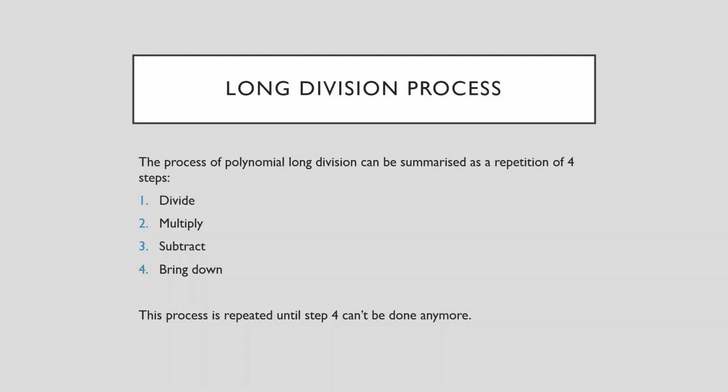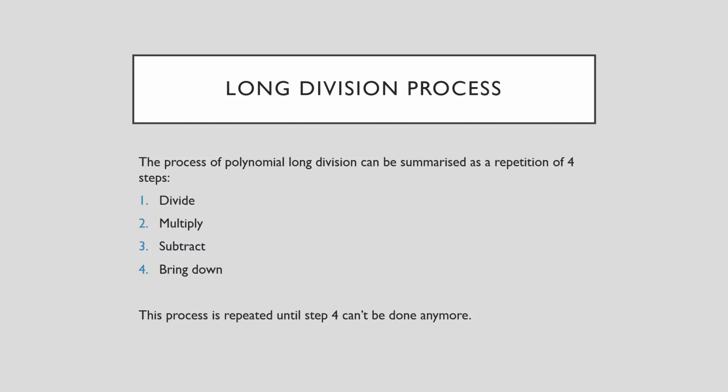Now, those are kind of cryptic because it's just divide what, multiply what, subtract what. I don't want to give you long explanations of these steps in words, because I find it's easier just to remember these 4 simple phrases to help you get through this long division process.